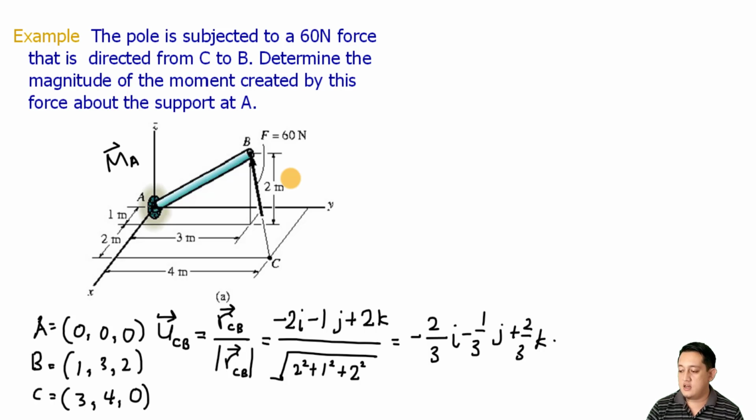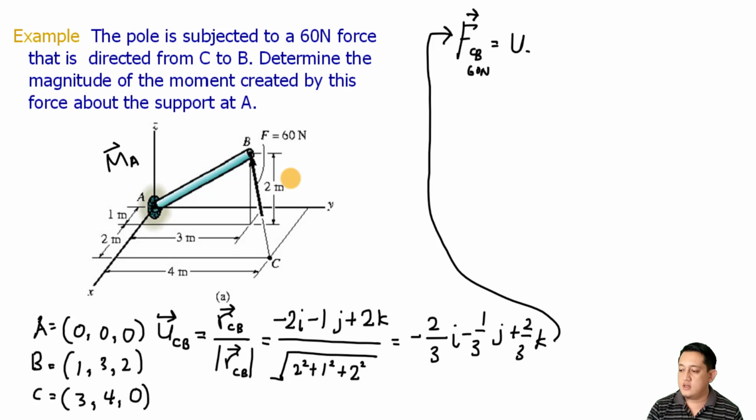Sorry, I need to reconnect this one up to here. So F C to B, or F 60 Newton, is equal to the unit vector C to B, the small unit vector, multiplied by the magnitude, which is 60 Newton.